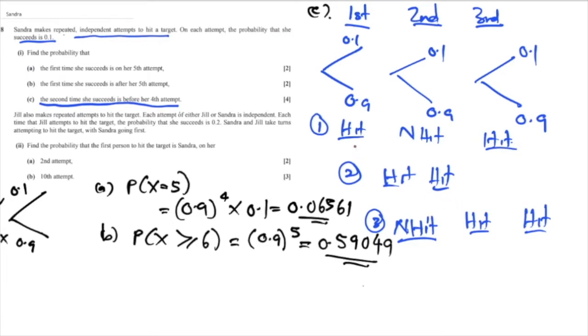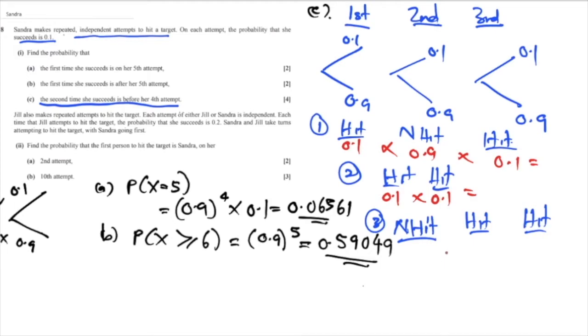So let's do that. Hit, no hit, hit: 0.1 times 0.9 times another 0.1, which is 9 over 1000. Hit and hit is 0.1 times 0.1, which is 1 over 100.